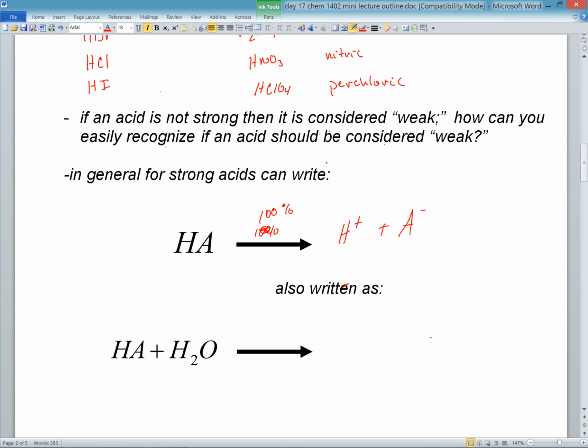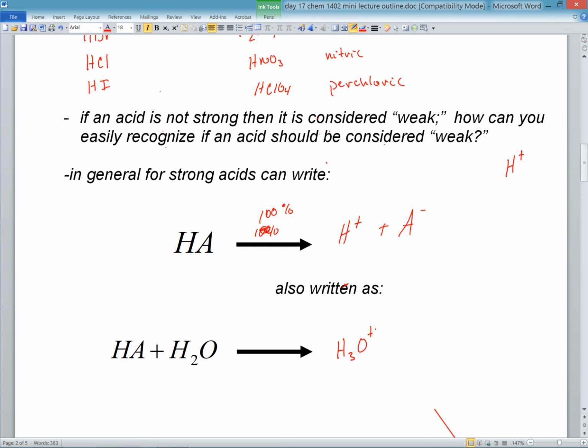H... What do we call it? Not H plus in water. Bare protons weren't supposed to exist. H3O plus, hydronium. We're supposed to write H plus this way. So the water grabs onto the bare proton and makes hydronium.